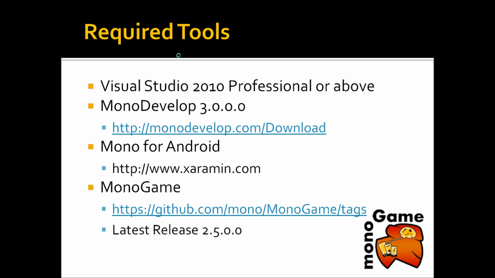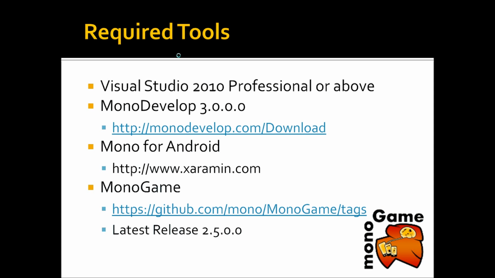But if you want to use Mono for Android, you'll need Professional or above. The alternative is to use MonoDevelop, which has just recently been updated to version 3. It's a nice free IDE that you can use to develop games, or any C# application basically, or F# or Visual Basic even.